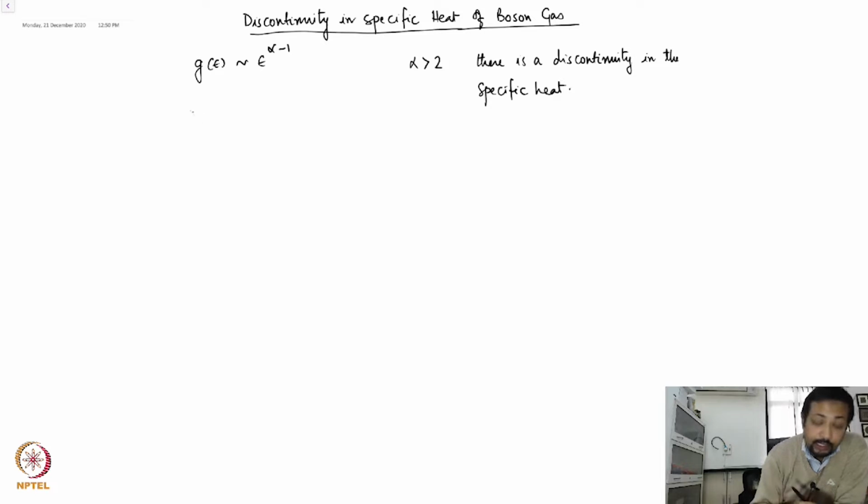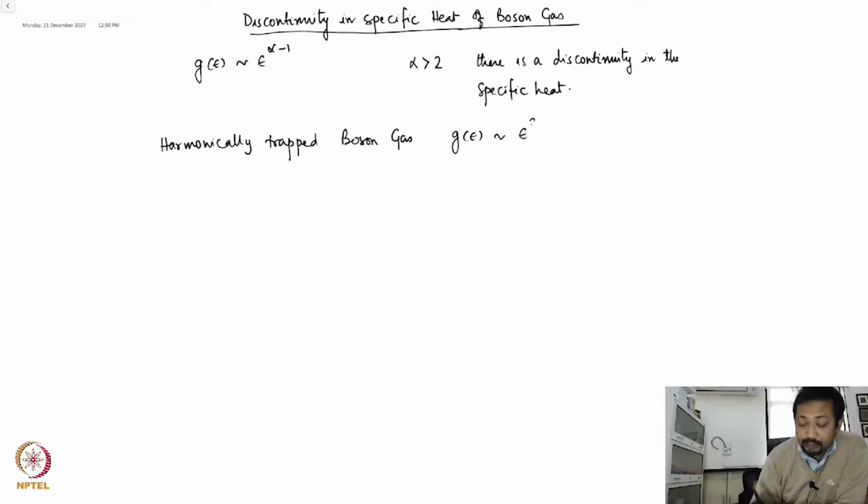We looked at the case of a harmonically trapped boson gas, and here we worked out the density of state and we saw that g(epsilon) behaves as epsilon squared, so that we immediately identified alpha is equal to 3.